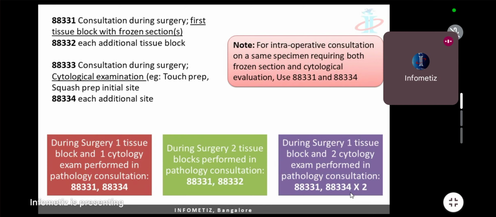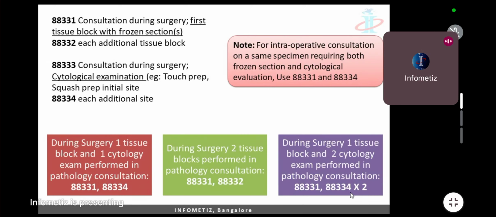So the sample is surrounded by complete wax, and it looks like a dice. We freeze it for the time being, and after that we cut it out, make a slide and observe. That is what is called a frozen section.